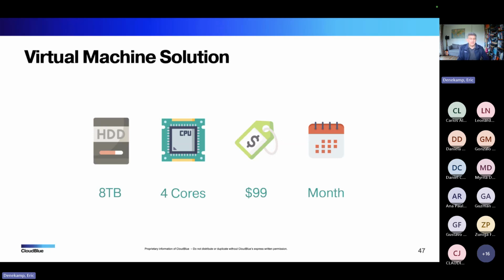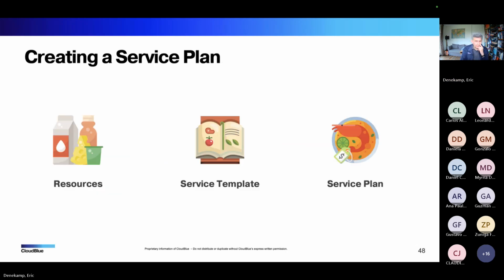I'm defining in this case that a customer for the 8 terabyte storage 4 core virtual machine will pay $99 a month. So these are the 3 most important concepts for creating an offer in Cloud Blue Commerce.